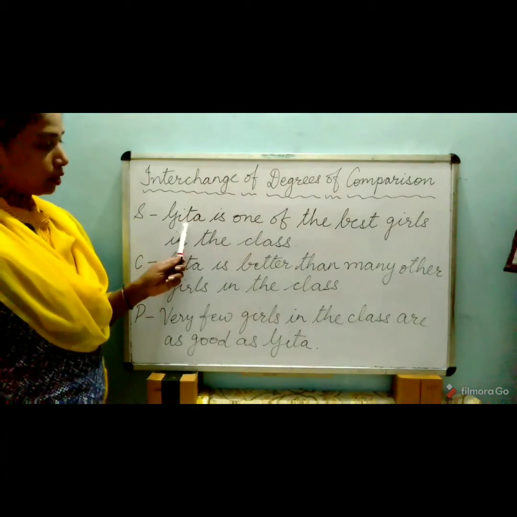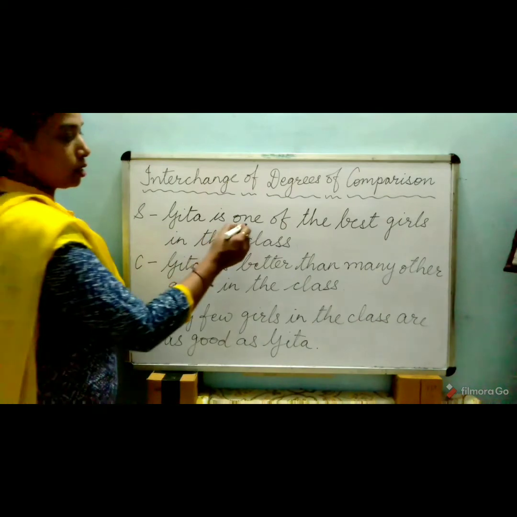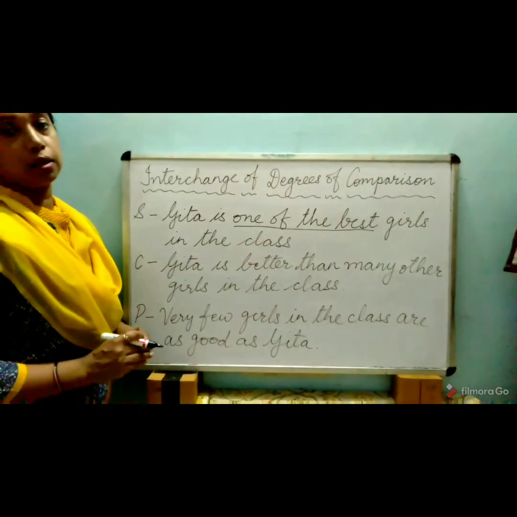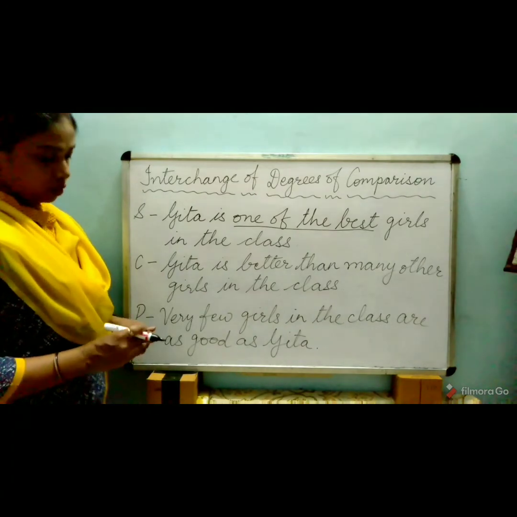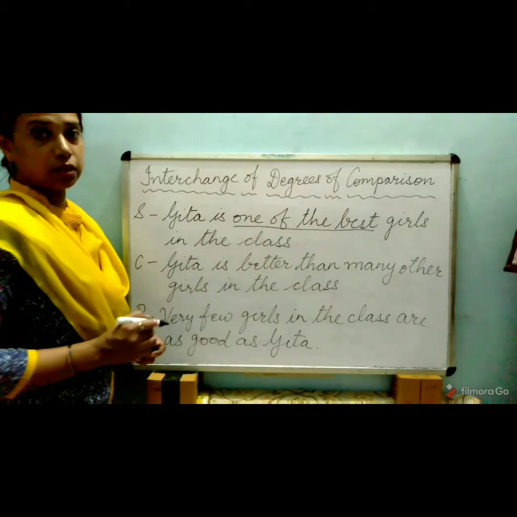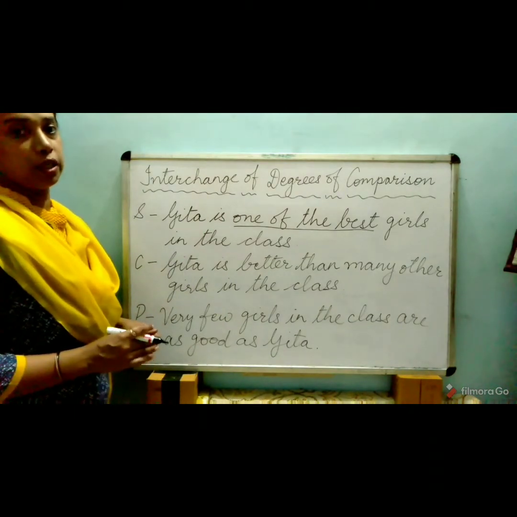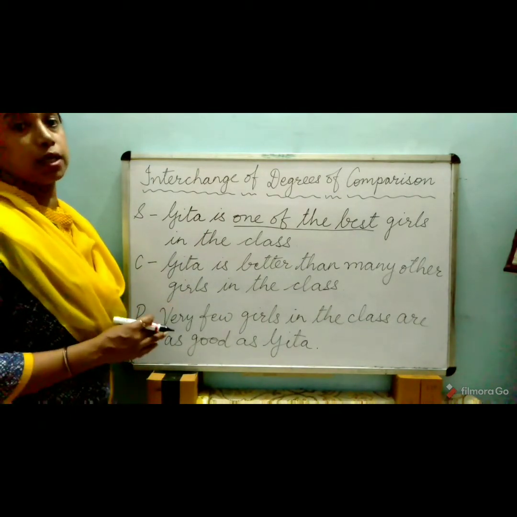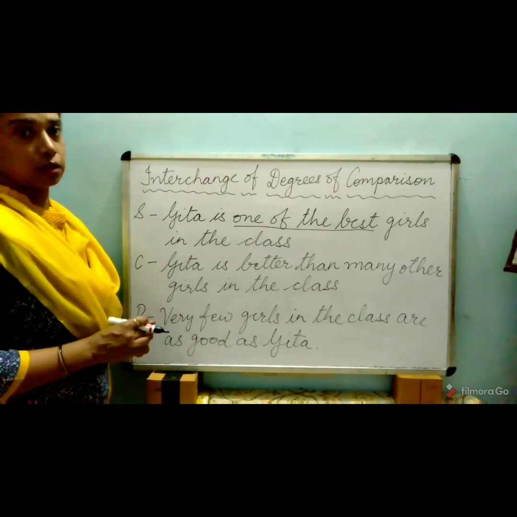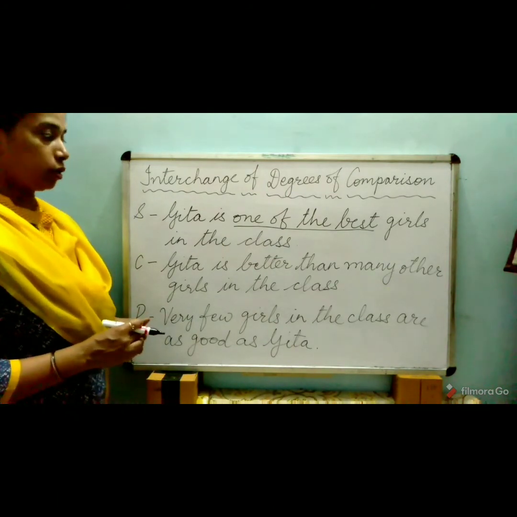But now here I have written Geeta is one of the best girls in the class. So here what is the difference? That Geeta is one of the best means there are other girls also equally as good as Geeta. Geeta is not the only one. There are other girls also equally good.